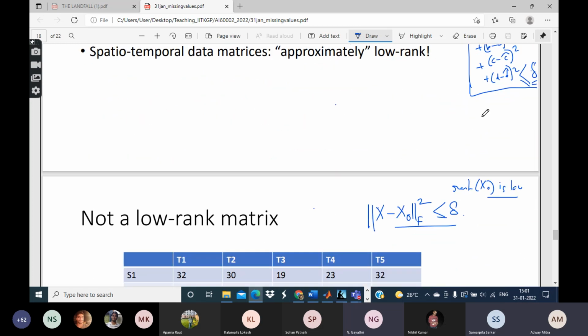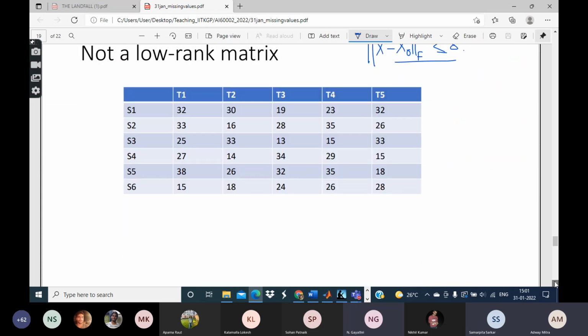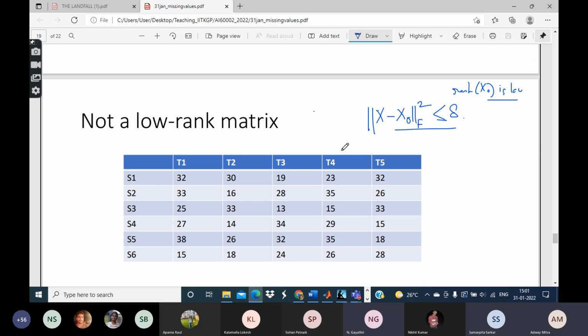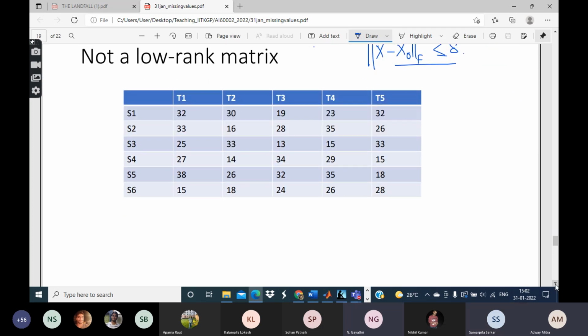Even if this matrix is itself not low rank, even if it is only approximately low rank, then also I can give some guarantee like this. Now why do I think that this matrix is approximately low rank? I have already said that this is not low rank. I am not making that claim, but I am still hoping that this is approximately low rank.